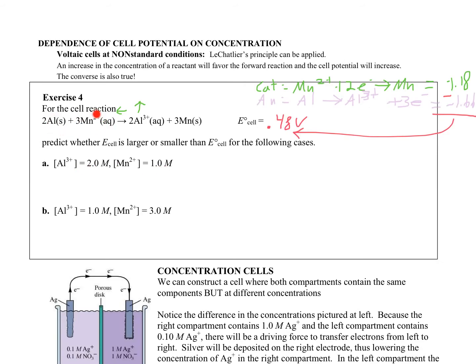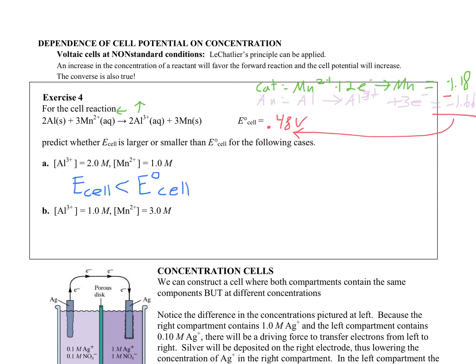If I shift towards the reactant side, then this reaction is going to occur less often, so we're going to have less energy. So this specific E cell should have less transfer of volts, less energy change, since the reaction is occurring less. So it's going to be less than the standard condition for the cell.